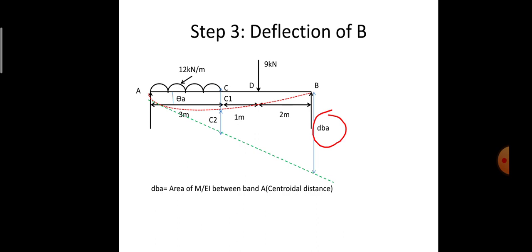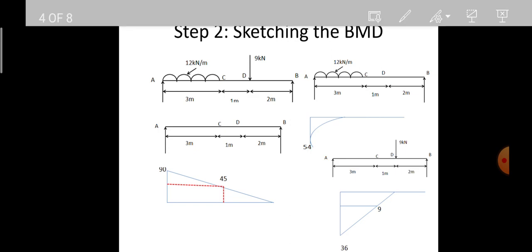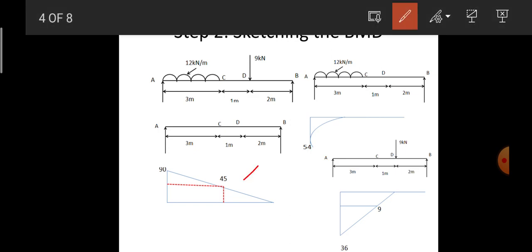So the area of the M by EI diagram between A and B is this overall bending moment diagram I have sketched. I need to consider all the areas of the individual sketches, and then multiply with the centroidal distance with reference to the point A.